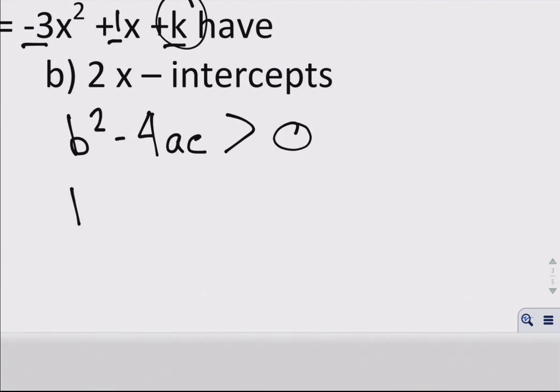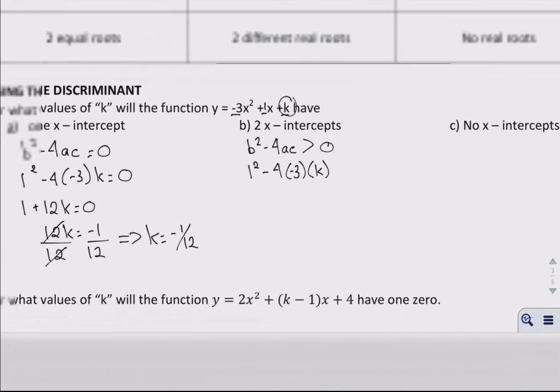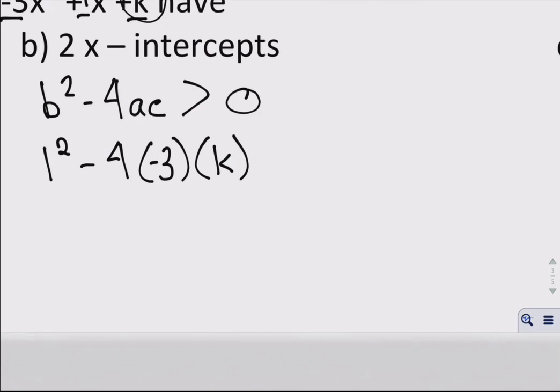Or 1 squared minus 4 times negative 3 times k is going to be greater than 0. In other words, 1 plus 12k is greater than 0.